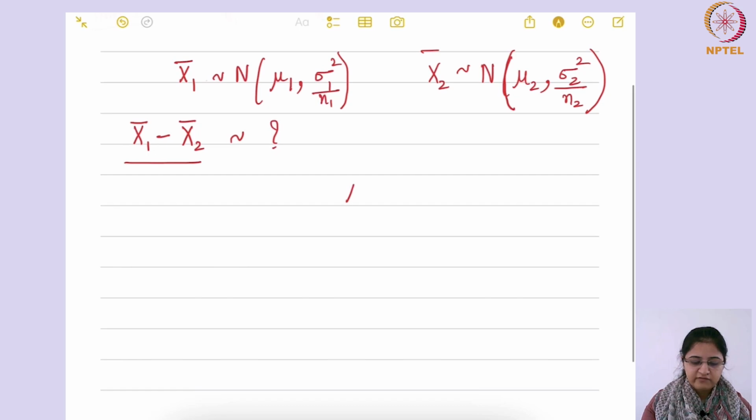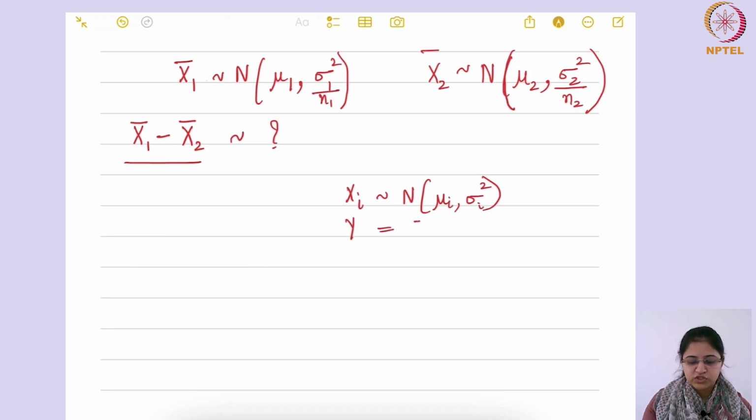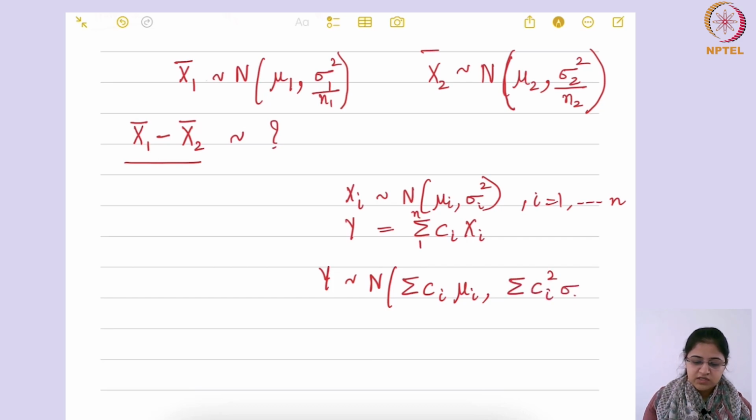So, if you have different xi's coming from normal distribution with mean mu i and variance sigma i square, then y, if you define, which is the linear combination of these, i going from 1 to n, is again going to follow the normal distribution, and the mean would be summation ci mu i, and variance would be summation ci square sigma i square.